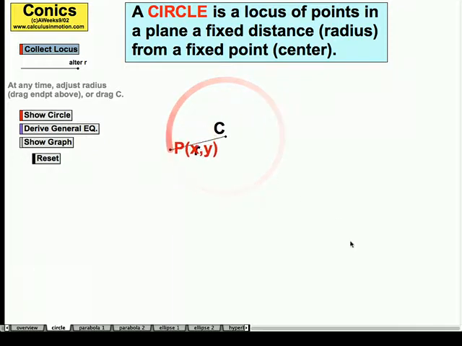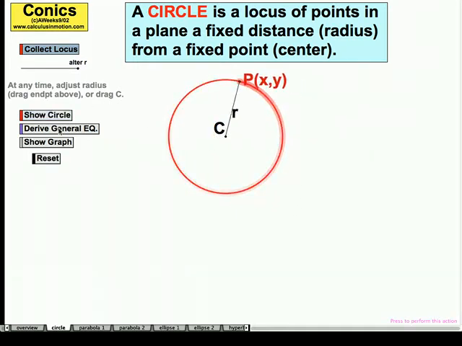This is almost doing what a compass tool does, where I'd set the spiky corner there and have my pencil over here and draw, and I'd get a fixed distance from the center. My resulting shape, I think you can see, is very circular. That's the path I'm getting there, so that is in fact my circle.